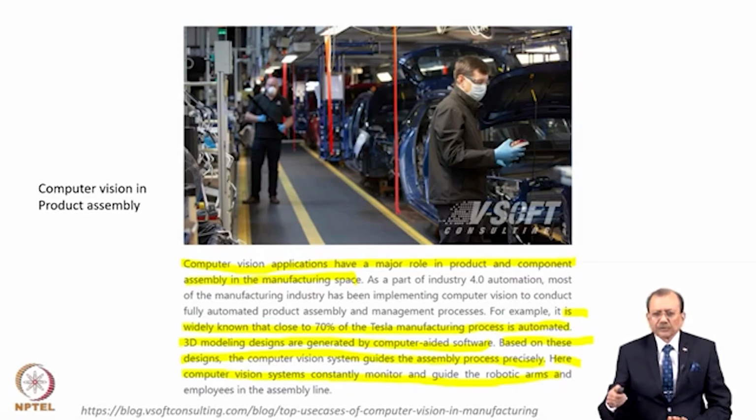This is another very great example of computer vision in product assembly. It helps the workers in any kind of manufacturing plant, so that if any anomaly is there, the workers can find this anomaly and take remedial actions.